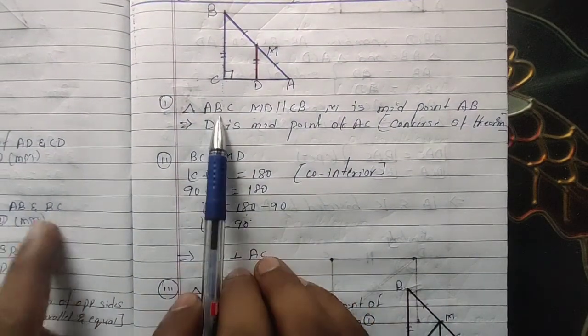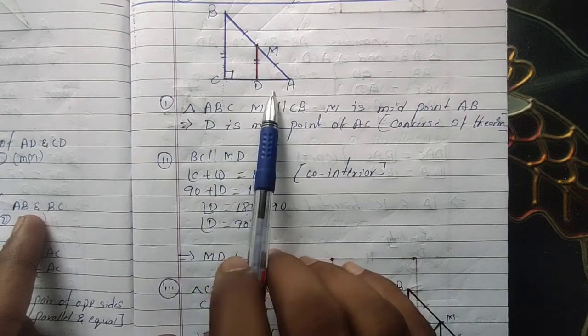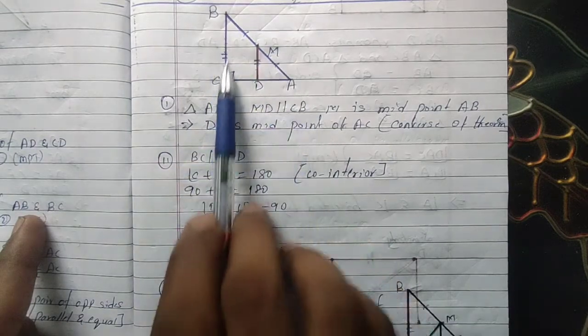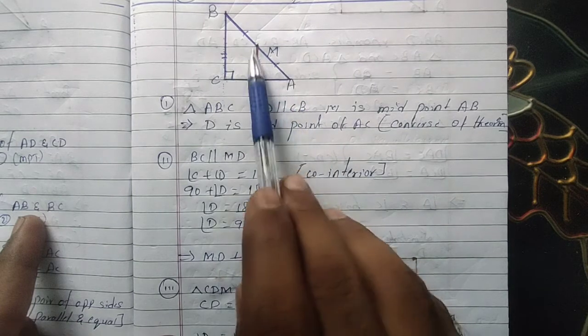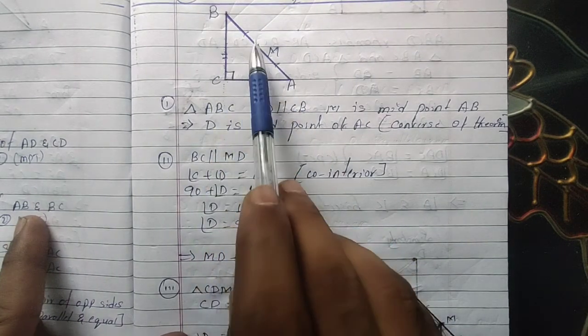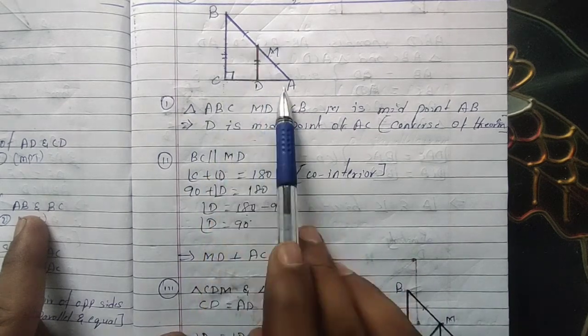See, first question, D is a midpoint of AC, I should prove. So I am considering triangle ABC. M is a midpoint of this AB and this line is parallel to this. So I am using the converse theorem. Midpoint and parallel to one side, then this will bisect the third side.